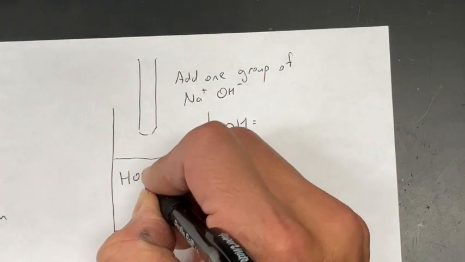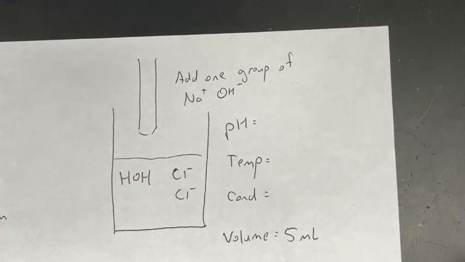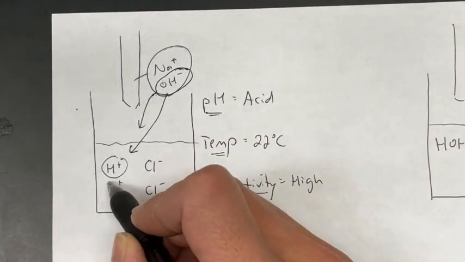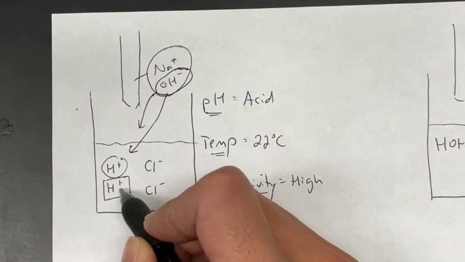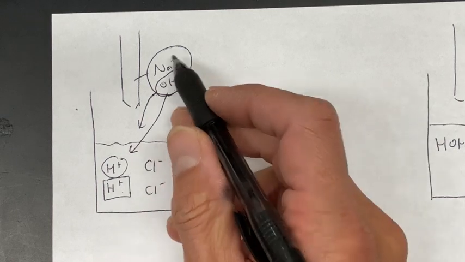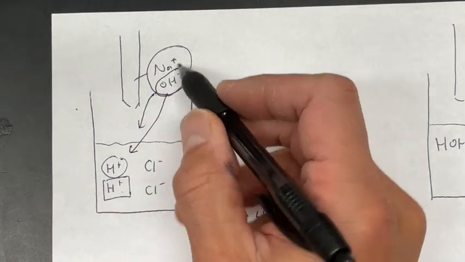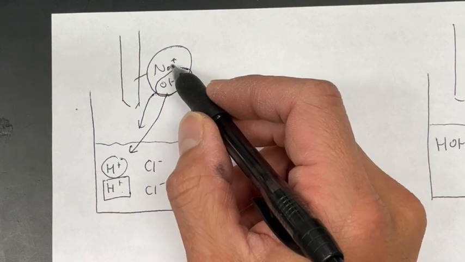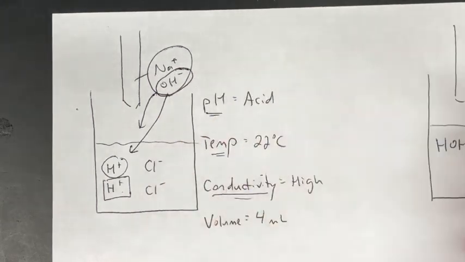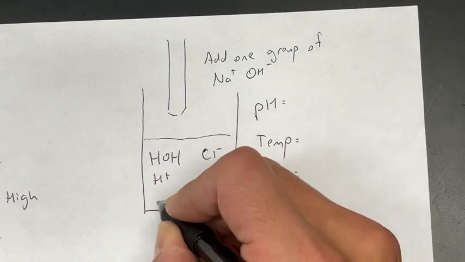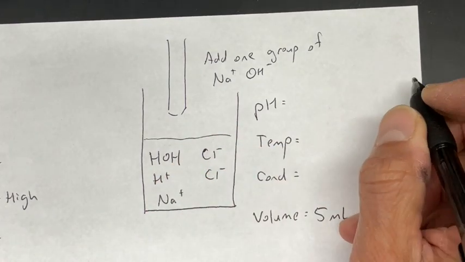So I'm going to write HOH. I only put one of them in, so this H plus is still unreacted. So I'll have that H plus in there. And the Na plus, well, that doesn't react with anything. Knowing the solubility rules, this is a spectator. So we're gonna keep the H plus in the solution, and we'll have an Na plus in solution.